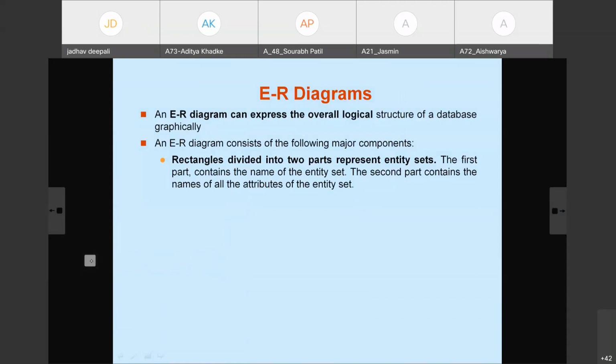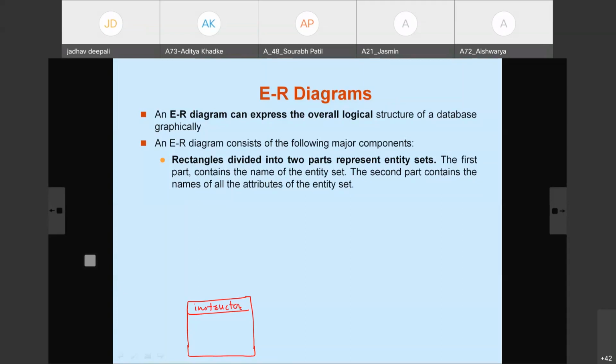It is a rectangle divided into two parts. So what is the first part? The first part is the name of that entity set, and the remaining second part is the names of all attributes of the entity set. So here instructor is an entity set.